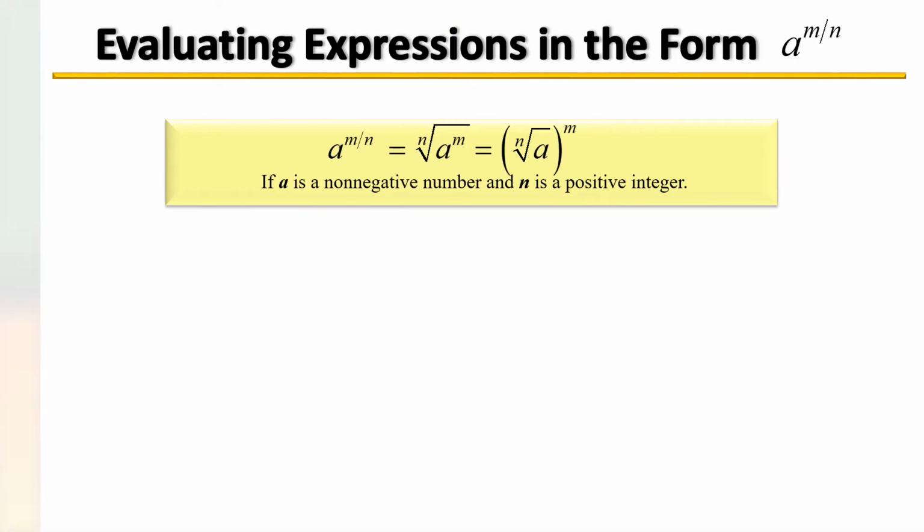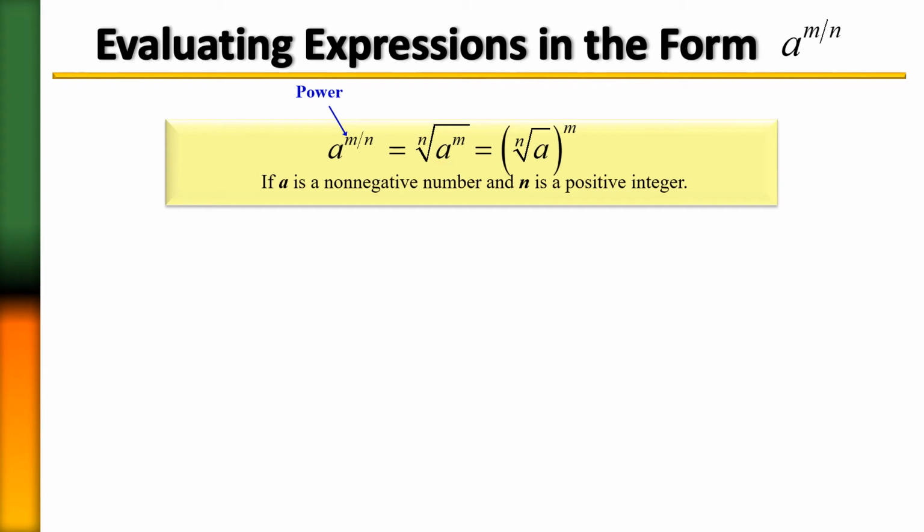Okay, so now that we've had a little experience in rewriting expressions from rational exponent form to radical notation form, we're going to go one step further this time and actually solve the expressions. So I'm going to do a demo first, but keep in mind that for the rational exponents, the top represents the power and the bottom represents the root.